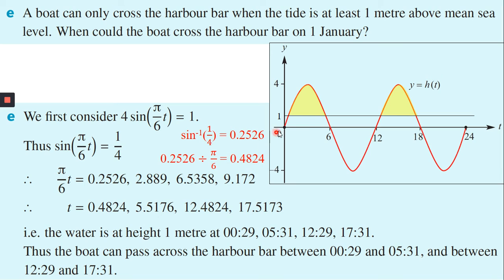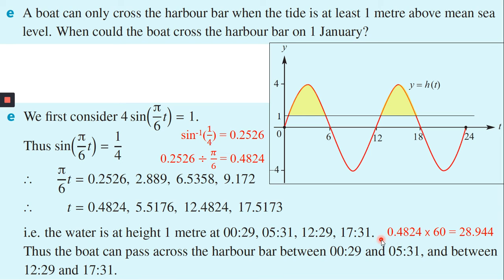So does that look better? Because then that means when I do 6 minus that to give me that one. Now, take super time. That is 0.4824 hours.